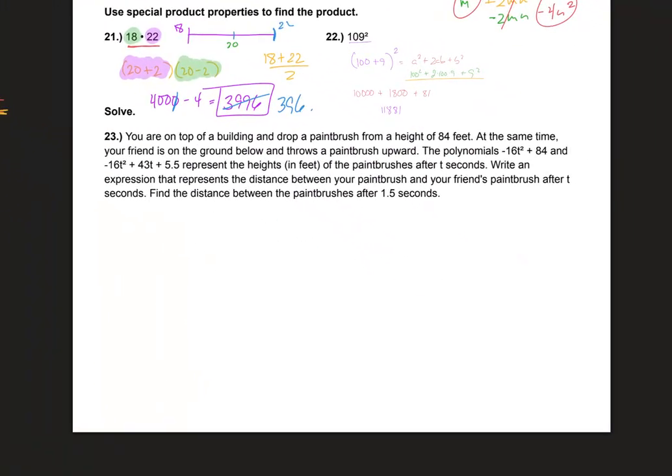You're on top of a building and drop a paintbrush from a height of 84 feet. So let's pretend, I'm gonna draw this picture. Top of a building, you're gonna drop a paintbrush. Now, what they are envisioning is you are less dropping it and more tossing it kind of like this, okay?